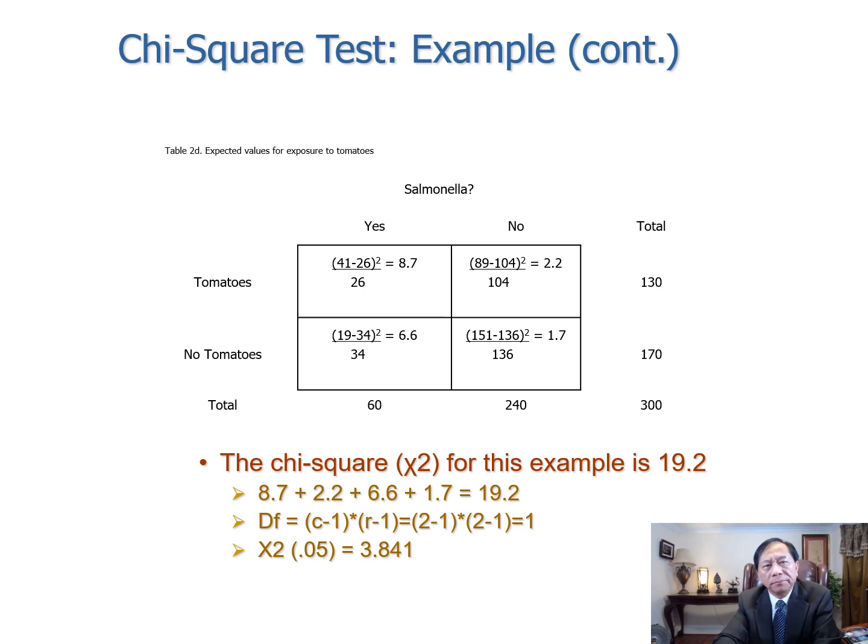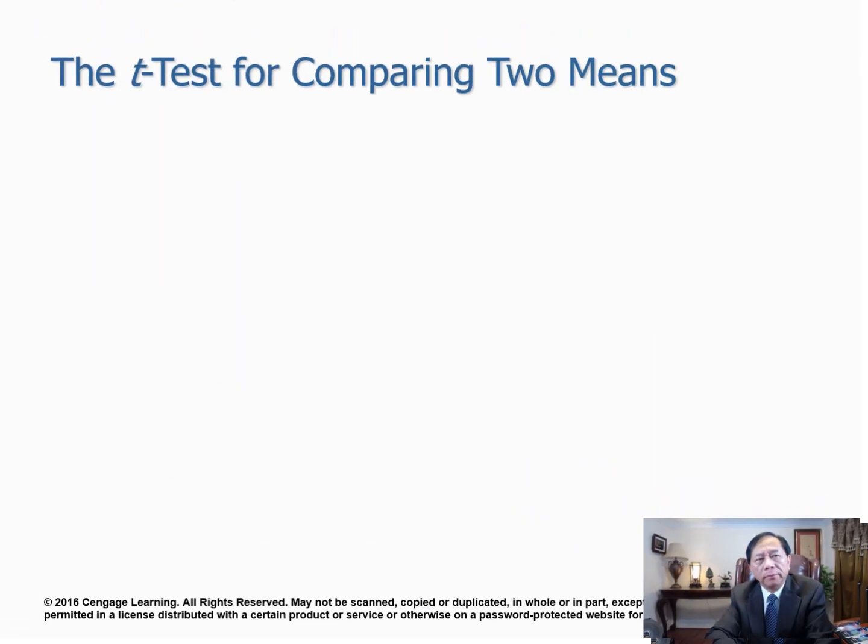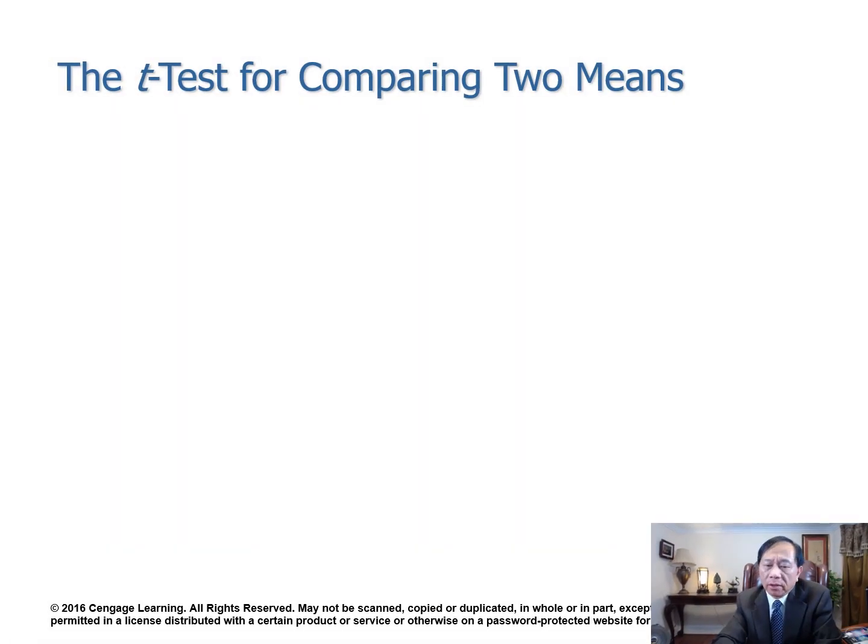Okay. Then the chi-square at 0.05 significance, or 95% confidence level, is 3.841, and our chi-square statistic is 19.2, and 19.2 of course is much larger than 3.841. Therefore, what's our conclusion?